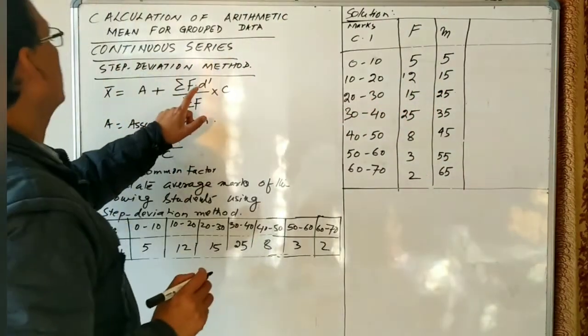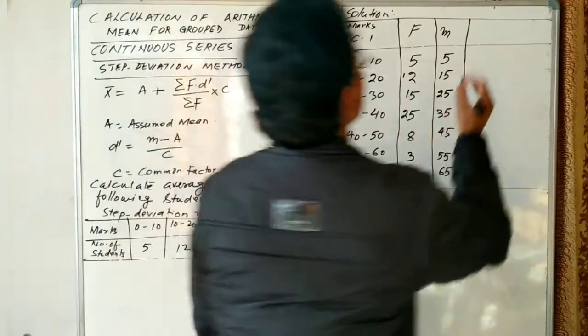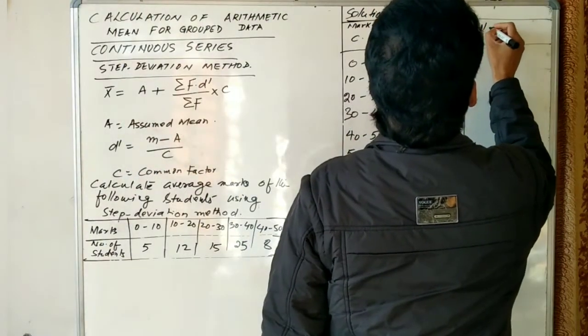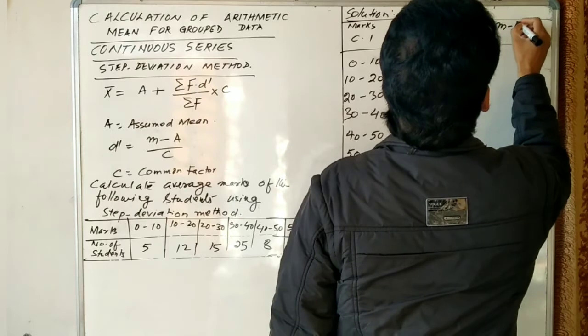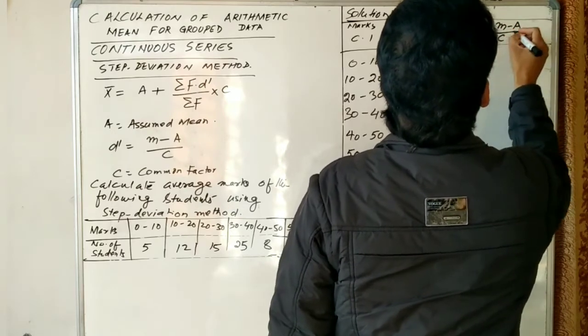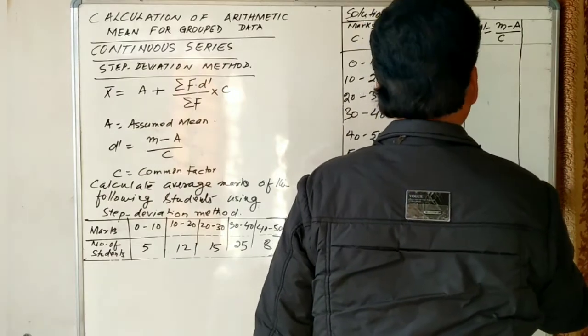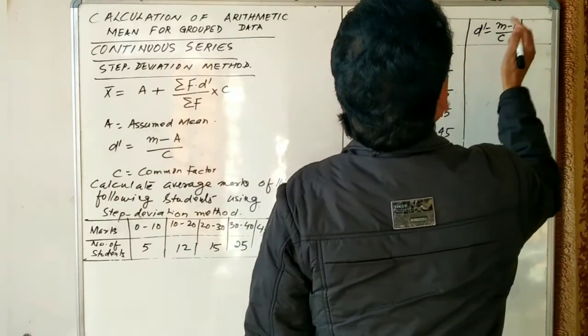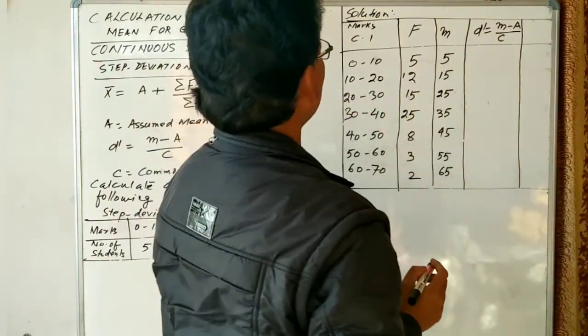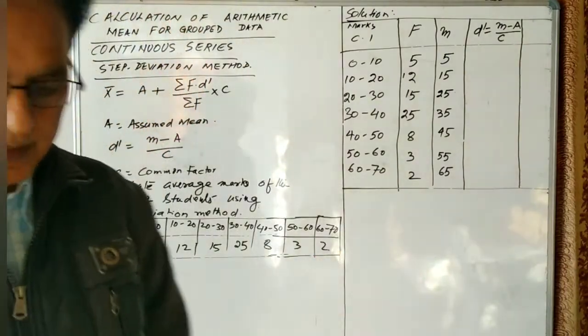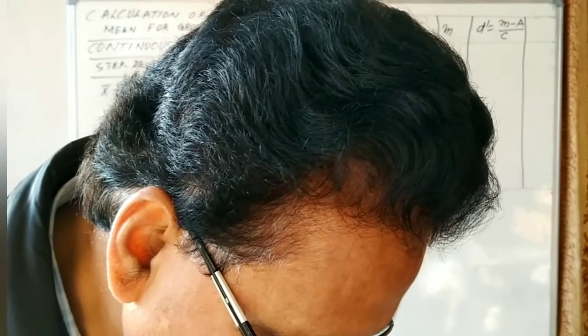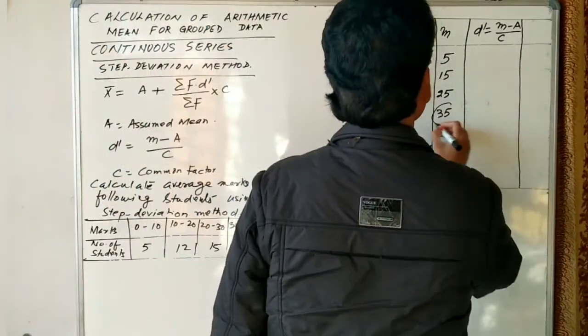Then next one, we can find out d dash. D dash is equal to m minus a divided by c. C means common factor. We can assume any value from here. Suppose we assume this 35.